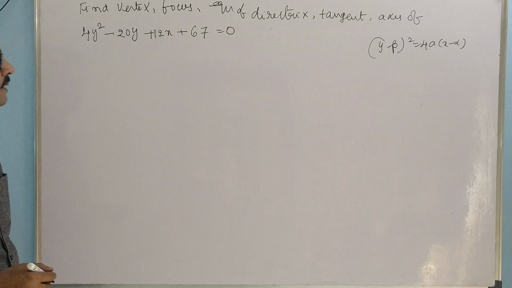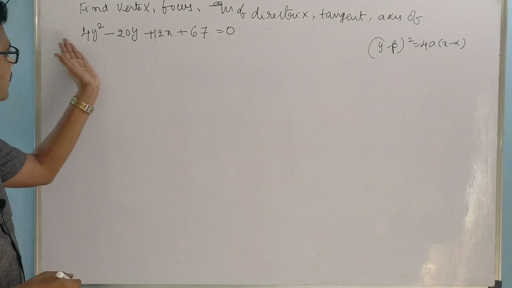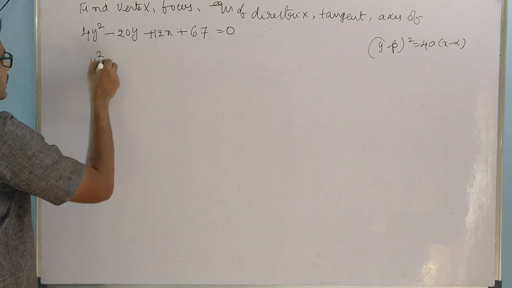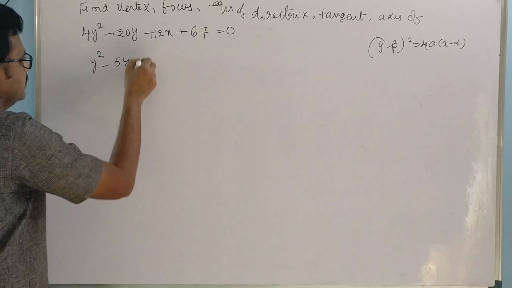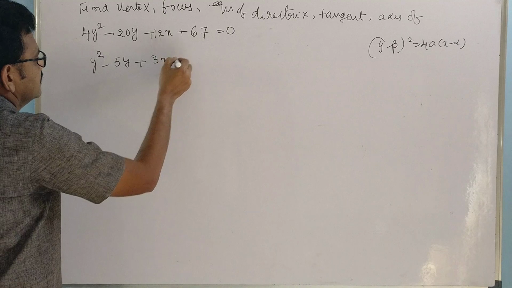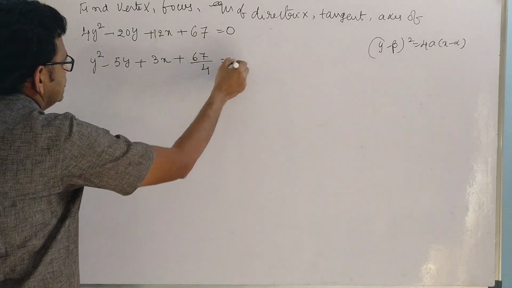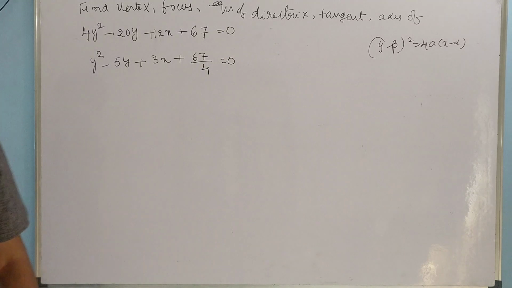Reduce into that. First of all, divide by 4. This is y square minus 5y plus 3x plus 67 by 4 is equal to 0.